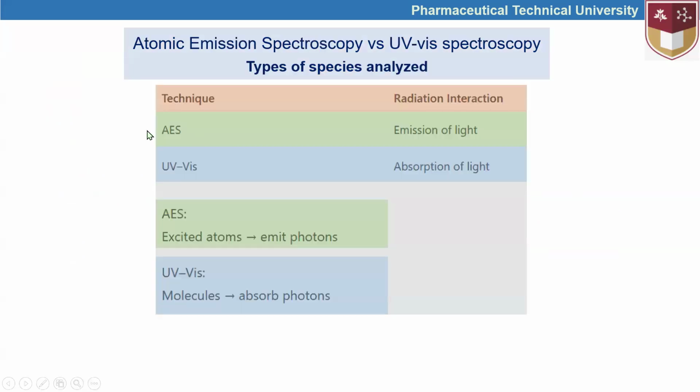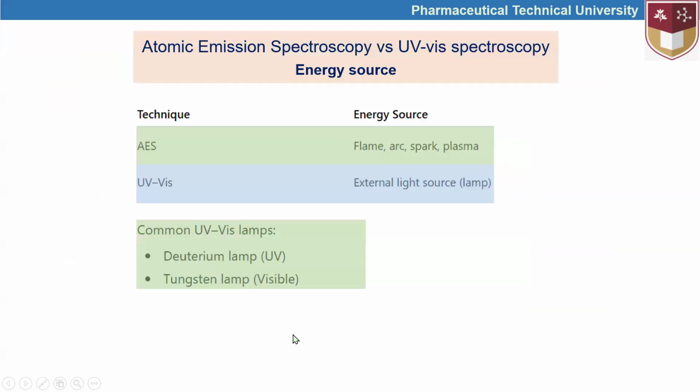Atomic emission spectroscopy uses emission of light. UV spectroscopy uses absorption of light. In AES, we use the emission of photons. In UV-Vis, we use absorption of photons, which is used for molecules.